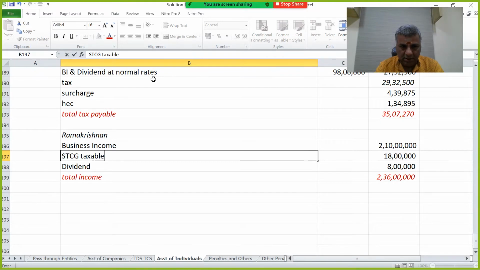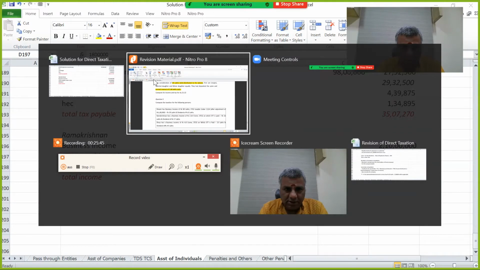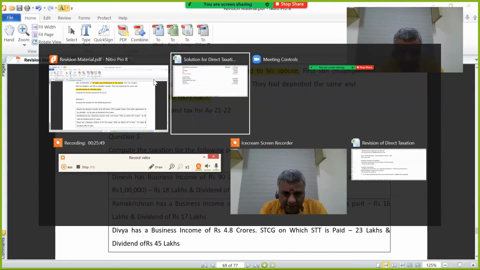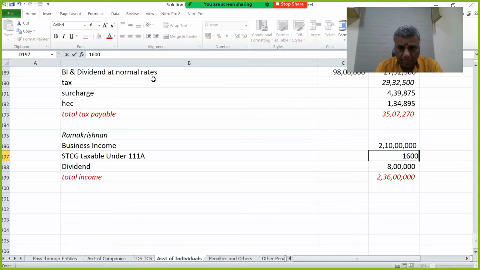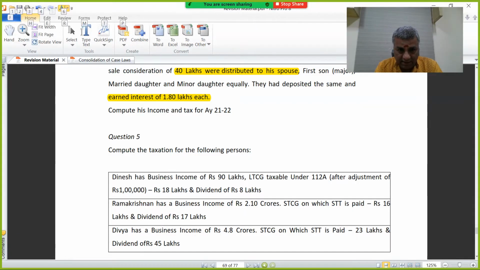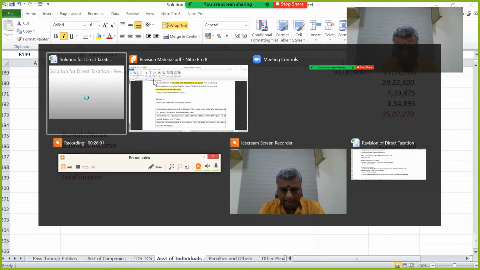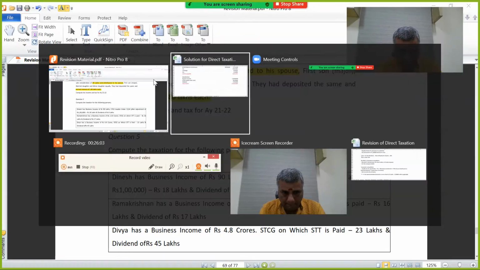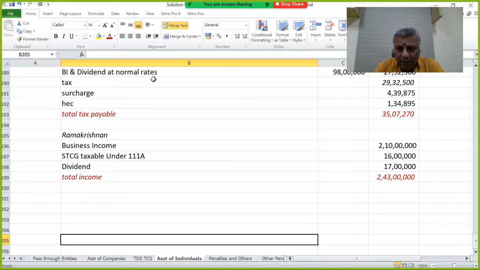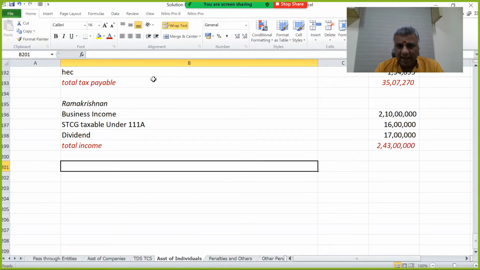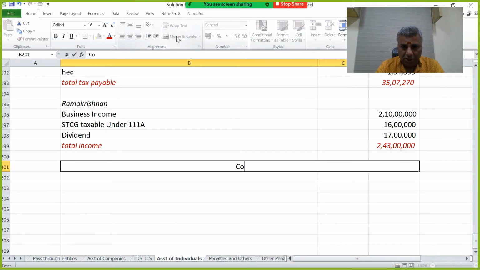STCG taxable under 111A is 16 lakhs. Dividend 17 lakhs. So total is 2 crore 43 lakhs.